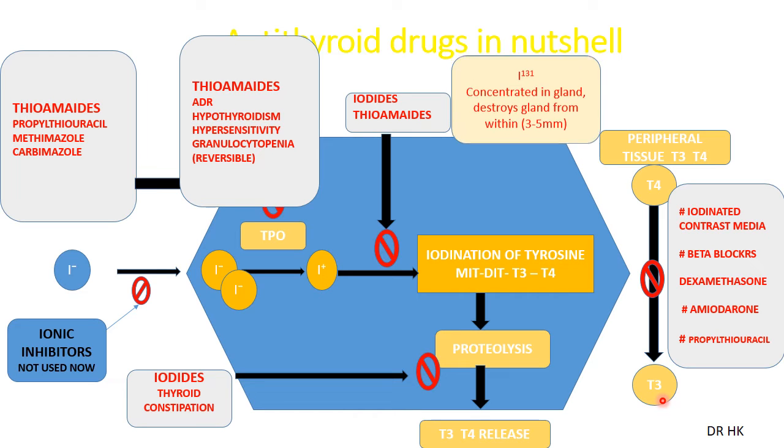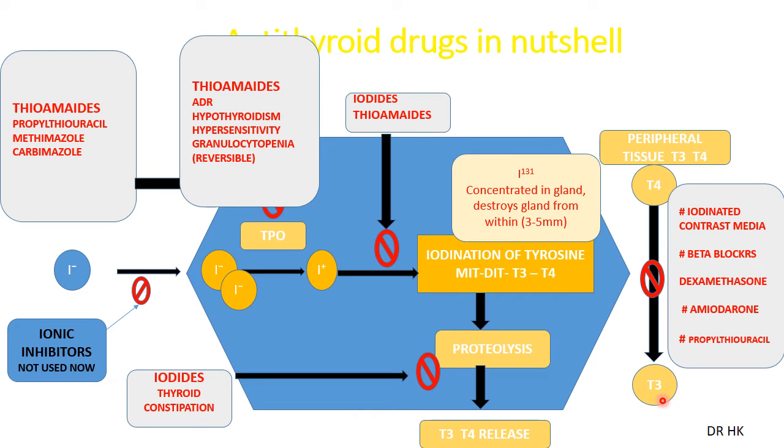Iodide gets trapped inside, the T3 T4 now have radioactive iodine, and from the inside it damages the gland up to 3 to 5 millimeter. In some patients, even a single dose of iodine can make a patient euthyroid. The only drawback is that it is used above the age of 40 to 45 years, and it cannot be used in pregnant women because it is teratogenic.